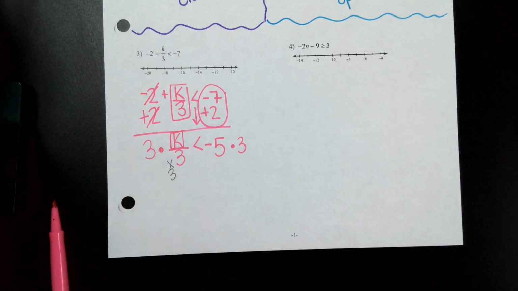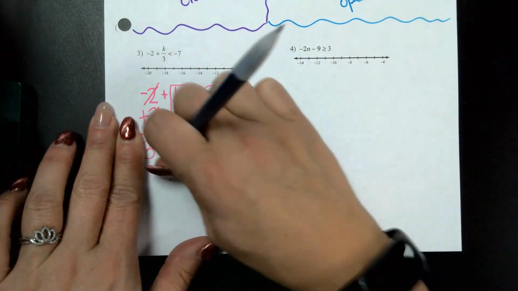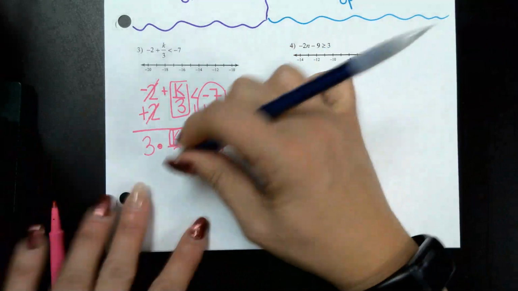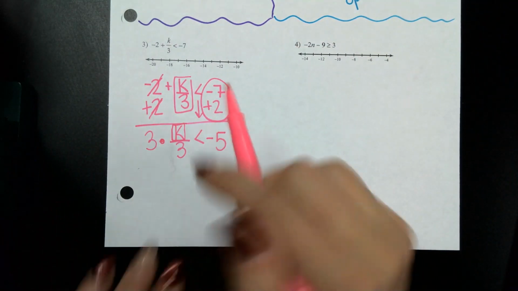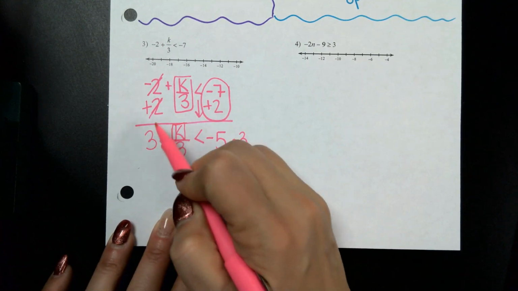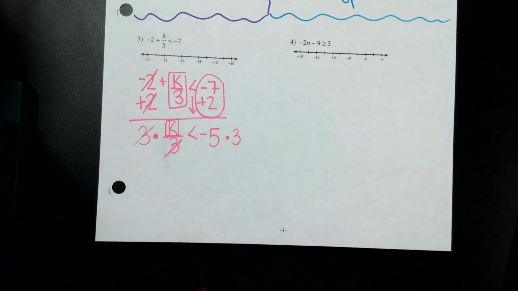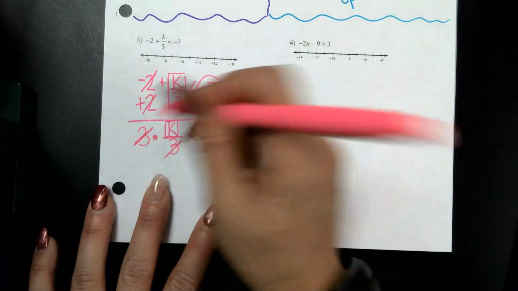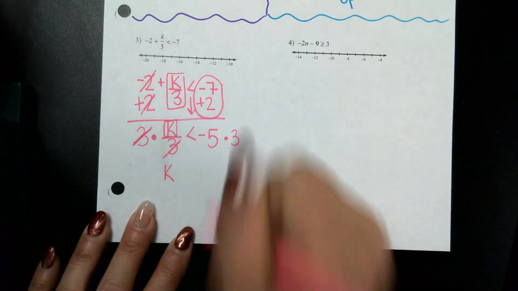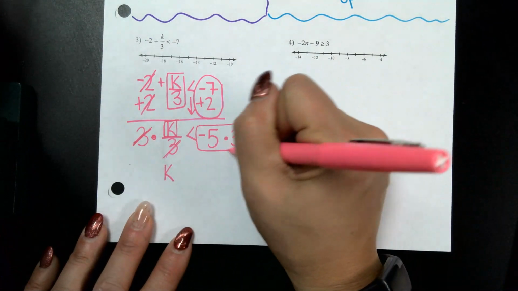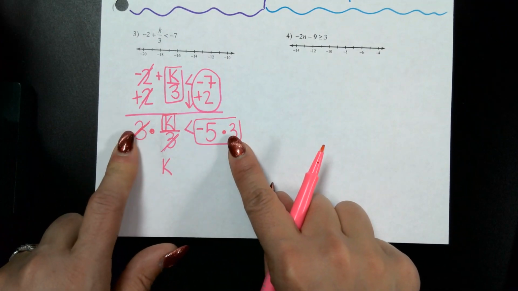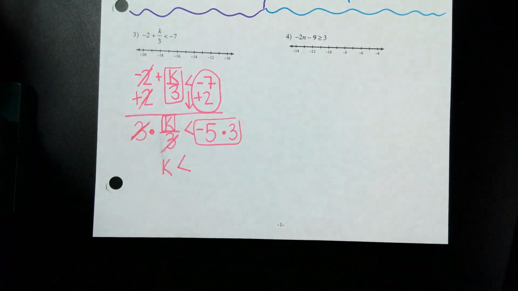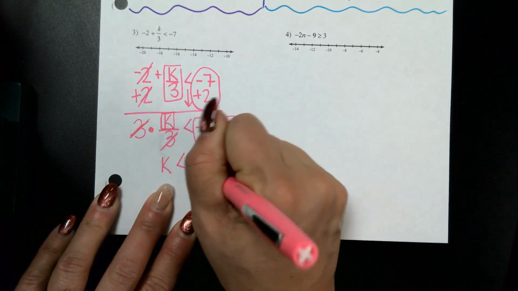So technically it's not right, the way that some of you show that. You are supposed to show that you're multiplying, so I put the 3 out to the side, because then this 3 is up there with the k, which would cancel out the 3 that's under the k. I know that's kind of picky, but that's the way you're supposed to do it. We are multiplying by a positive, so nothing changes. That symbol just comes straight down, and negative 5 times 3 is negative 15.